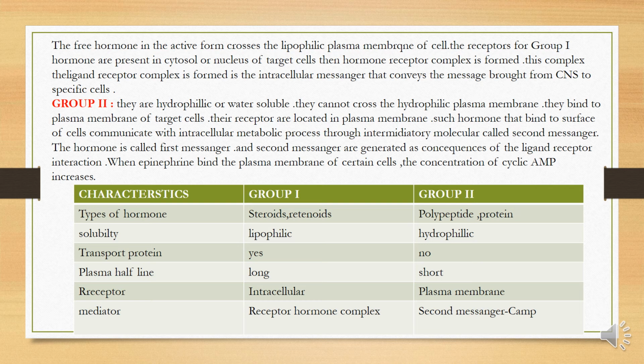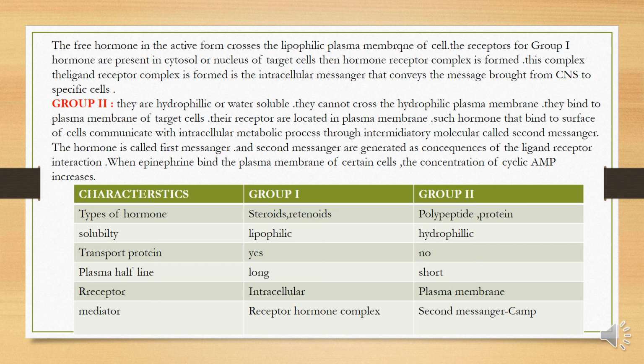Group 2 hormones are hydrophilic, or water soluble. They cannot cross the hydrophilic plasma membrane. They bind to the plasma membrane, and their receptors are located in the plasma membrane. Such hormones that bind to the surface of the cell communicate with intracellular metabolic processes through an intermediary molecule called the second messenger.